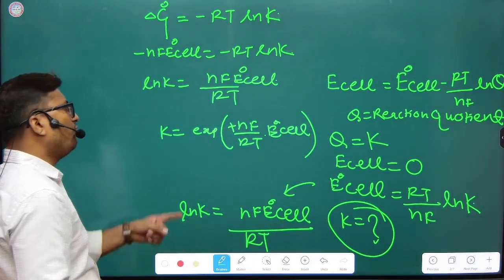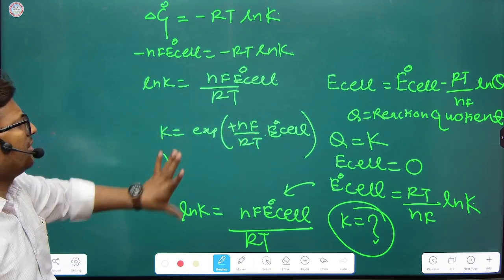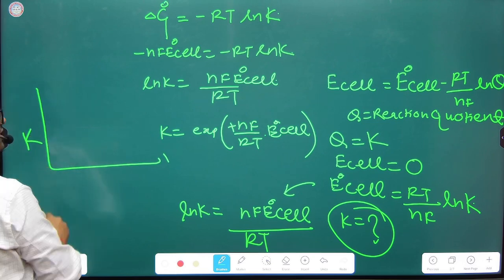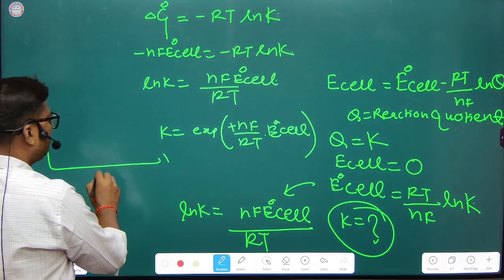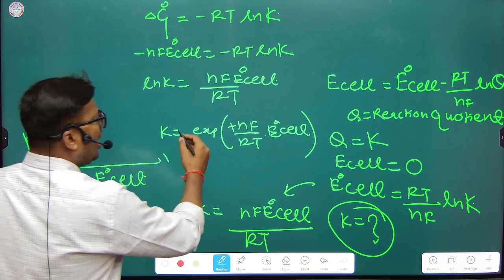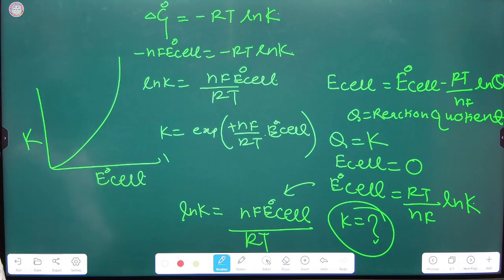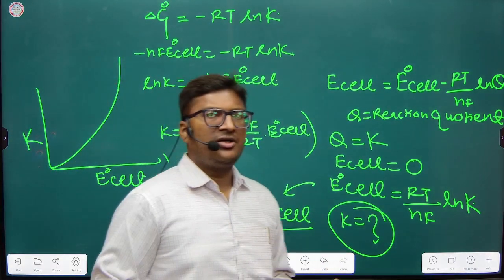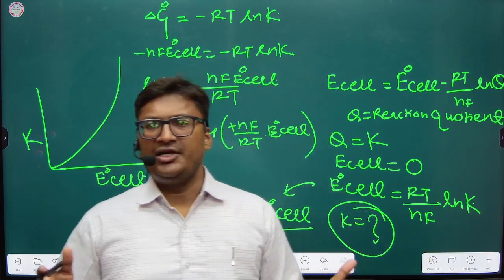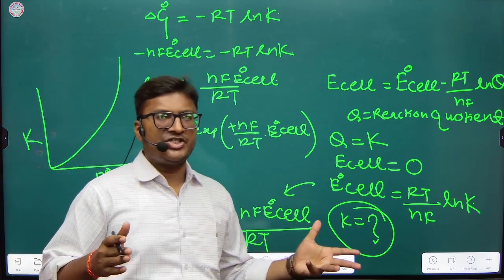So the variation of the equilibrium constant with E naught cell looks like this. If the equilibrium constant is plotted on the y-axis with respect to E naught cell, it increases exponentially. So the equilibrium constant increases exponentially, which confirms the direction of the forward reaction.